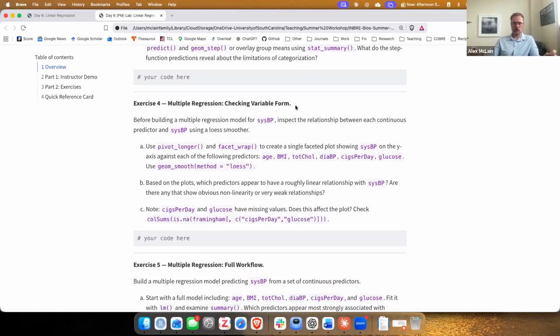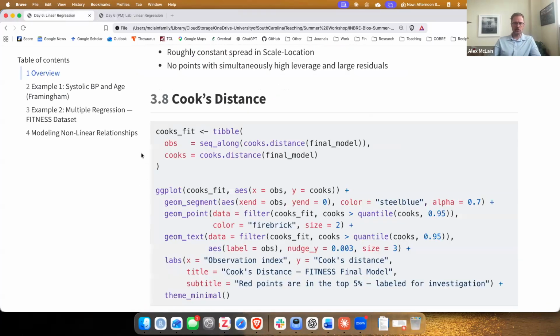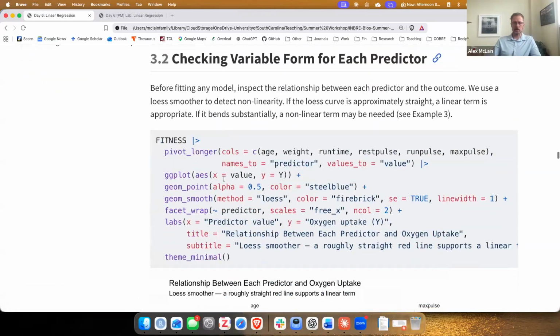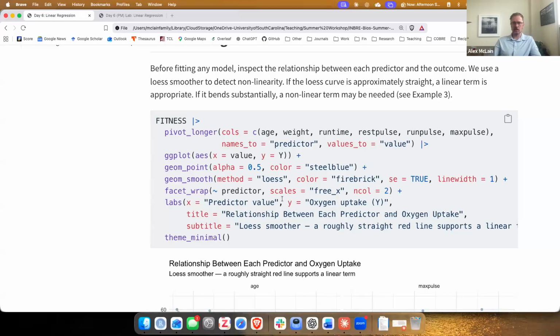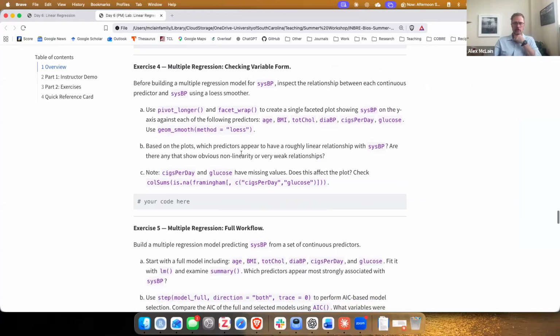But then you are going to do exercise 4. This is going to be a multiple linear regression model. Systolic blood pressure is going to be the outcome. We're going to plot this. This plot is going to be similar to the plot that is created right here from the fitness data set, so this code is going to be useful for you, just changing it to match the example that we're doing here.